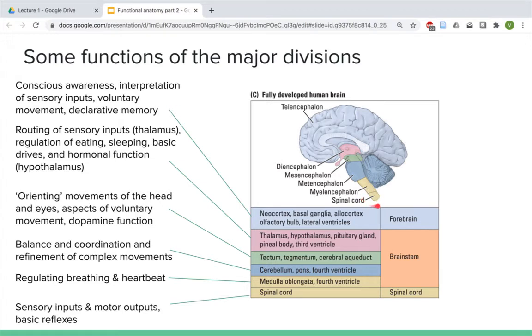We start down here at the spinal cord, which deals with sensation and movement, and up from that, we have this part of the brain which contains the medulla, the breathing center, and as we go up, things generally get more complex, all the way up to the cerebral cortex, of course, which governs all of our most complex behaviors and cognitive activities.